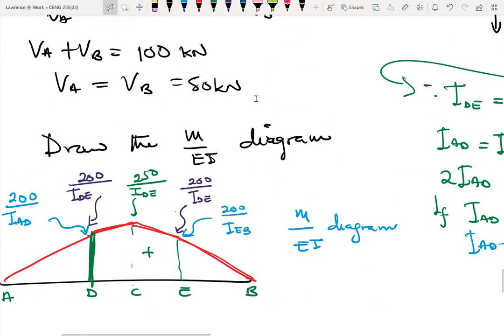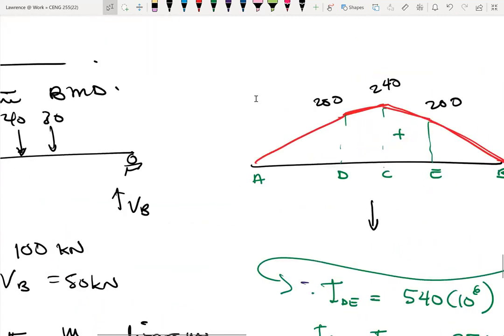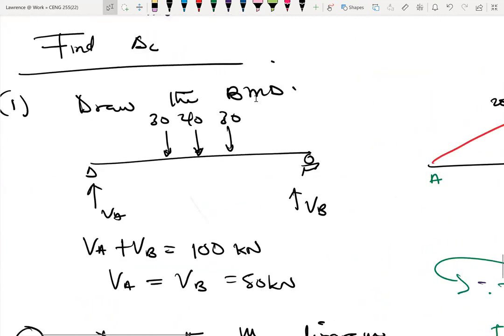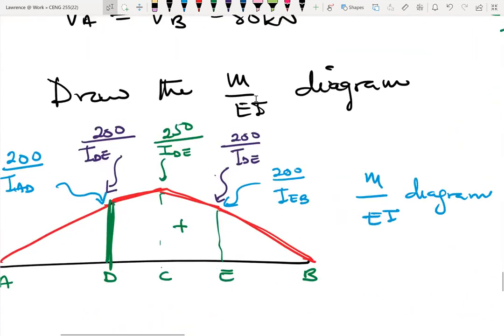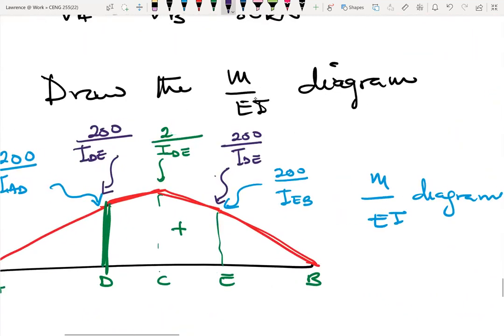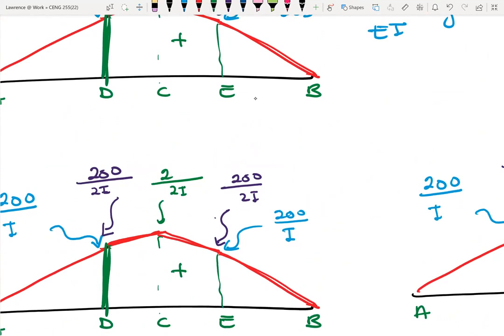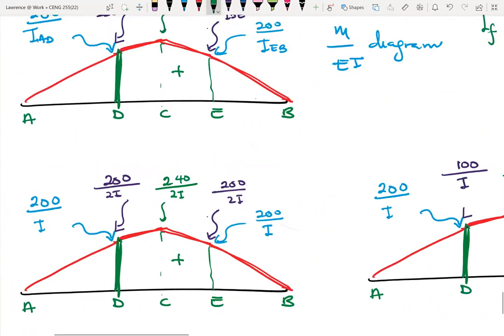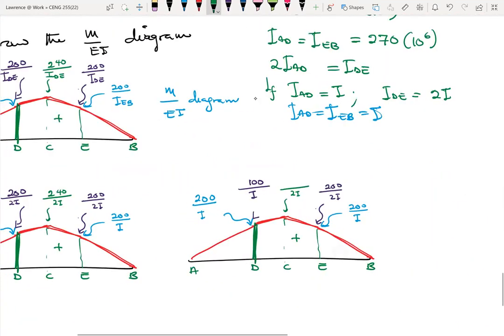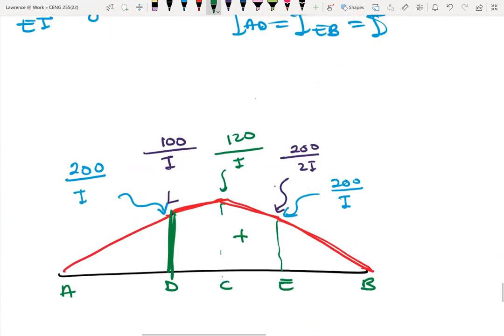Let me see. 240. So how come I keep writing 250? Sorry, here it's 240, not 250. Correct all of them. This is 240. So here I get 120 over I, and then here too I get 100.